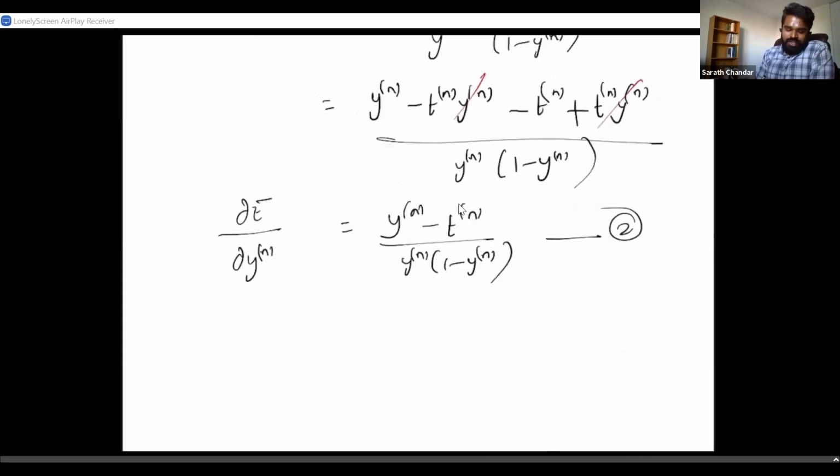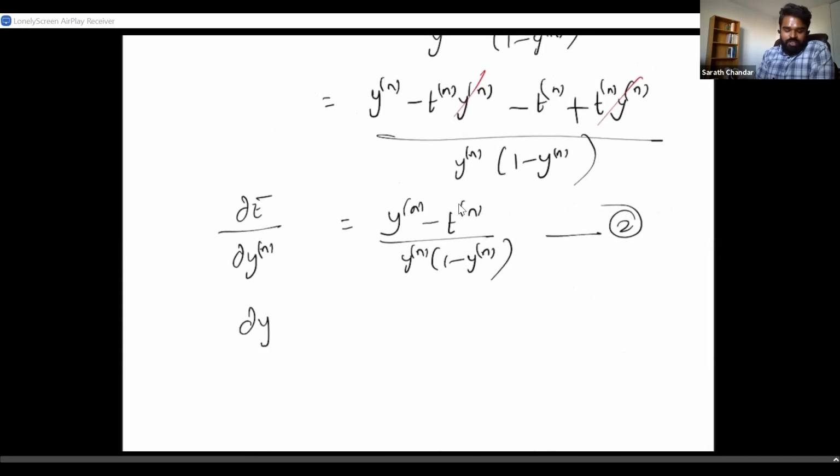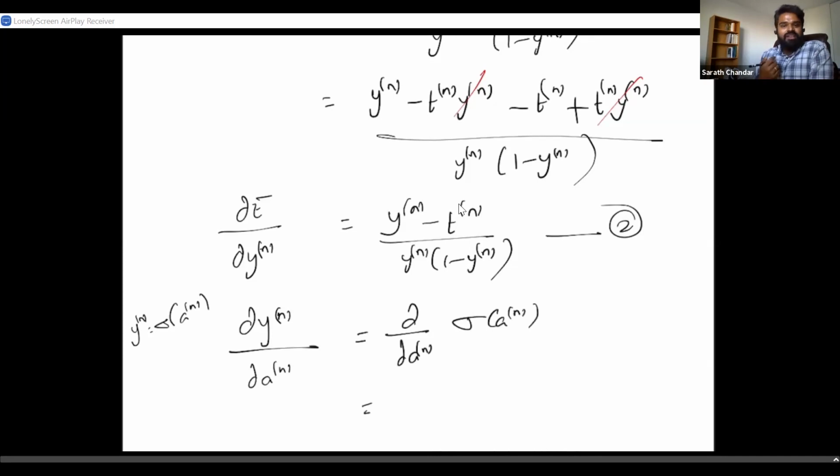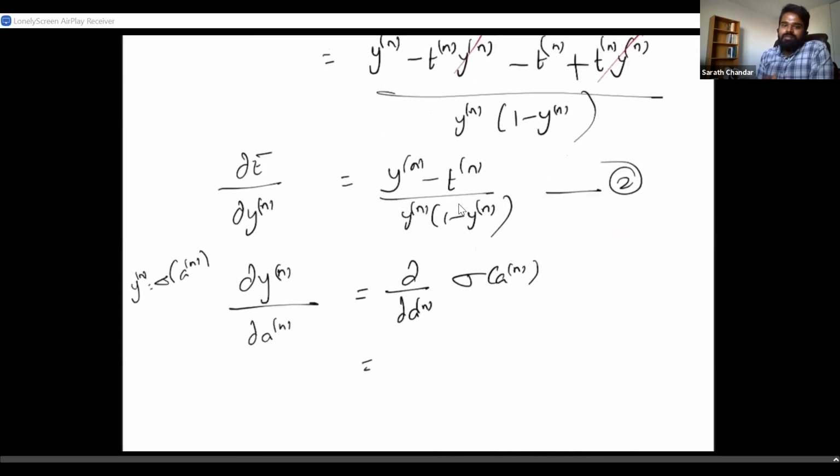Now what is the next differentiation we want? We want to differentiate dou yn by dou an. Let me write the yn function here for easiness. y of n is given by sigma of a of n. So basically we need to do dou by dou an of sigma of a of n. If you remember my note from the time when I introduced the sigmoid function, the derivative of sigmoid is sigma times (1 minus sigma).